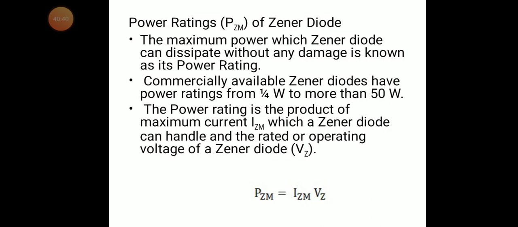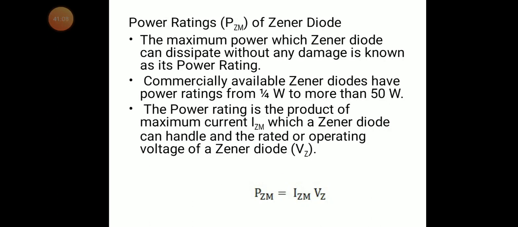Already we know the Zener diode voltage Vz, but we need to find the maximum current of the Zener diode, the rated current which can pass through it, which will give the power rating of the Zener diode. That is, Pz maximum equals Iz maximum times Zener voltage.